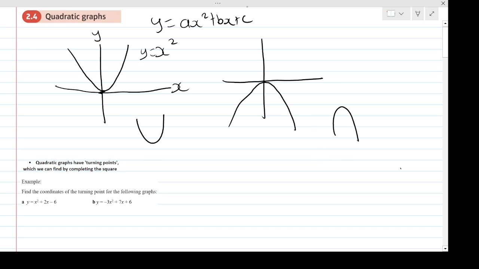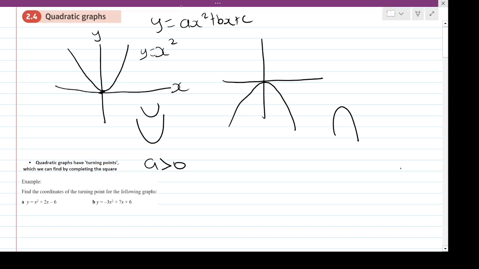That's helpful because any quadratic will have one of these two shapes, and how you determine which is to do with the sign of the coefficient a in ax squared. If a is positive, it's going to be a smile: smile, happy, positive.